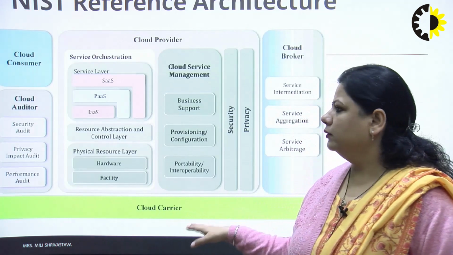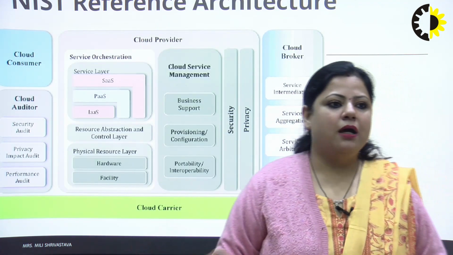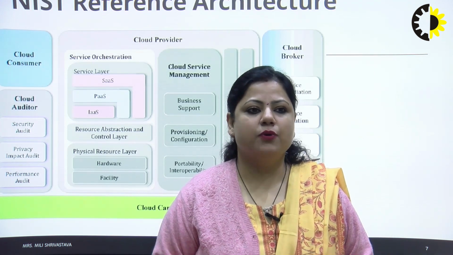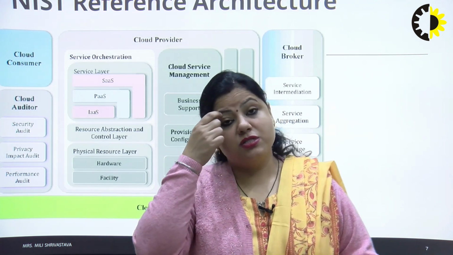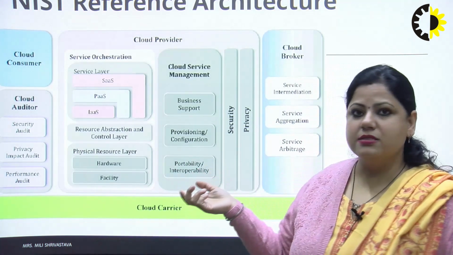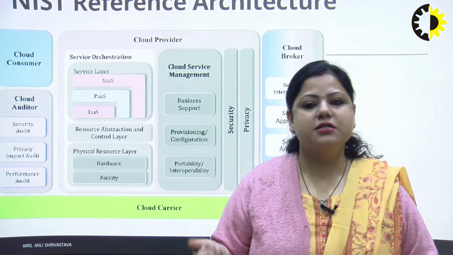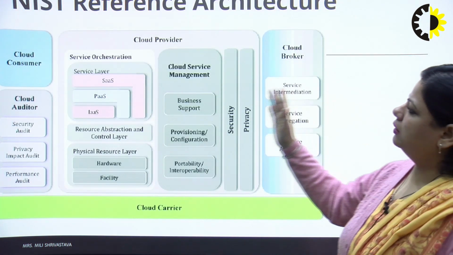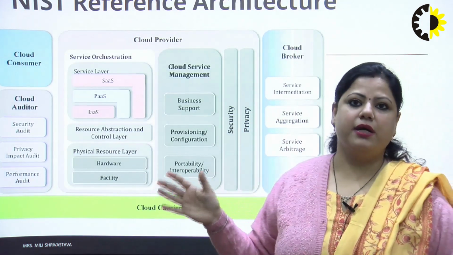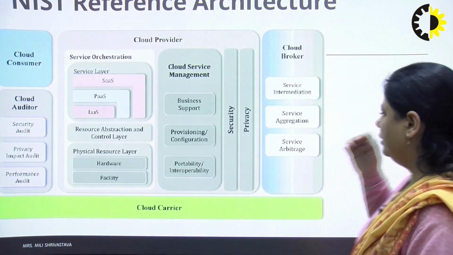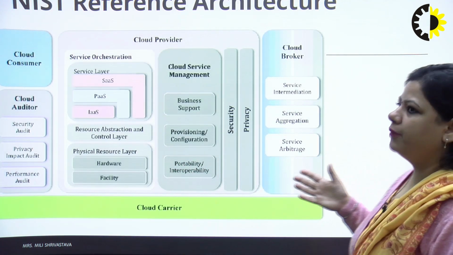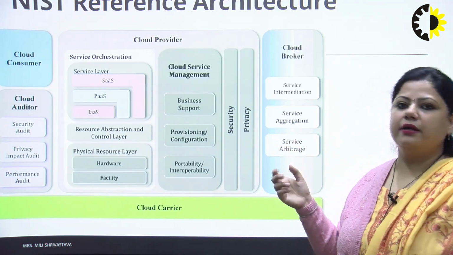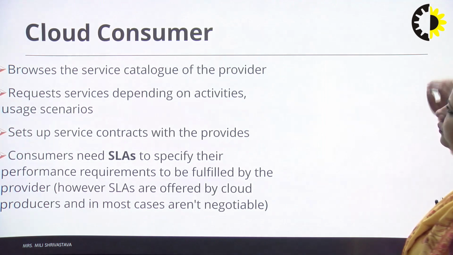Typically it includes ISPs, telecom providers and network providers. Now this is part of the NIST architecture reference model of cloud computing. This is a very helpful and important part of cloud computing, one of the simplest or basic architectures of cloud computing.